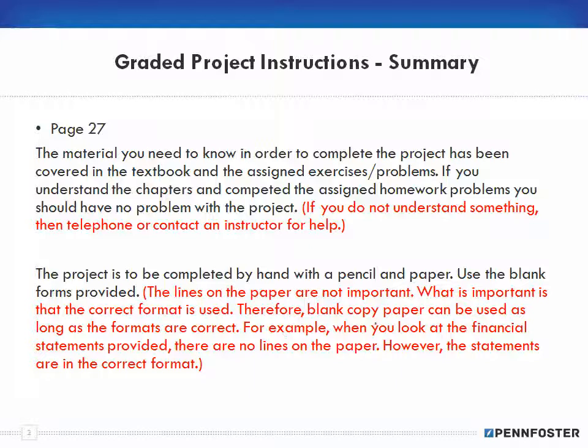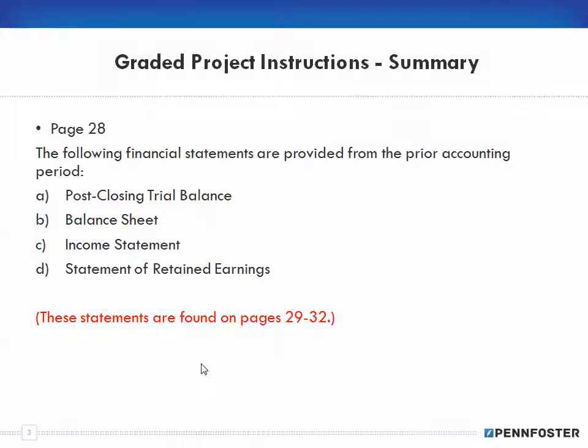For example, when you look at the financial statements provided, the balance sheet, the income statement, statement of retained earnings, there are no lines on the paper. However, the statements are in the correct format. And realize that you're talking about professional papers here. So formatting is very important. Right.